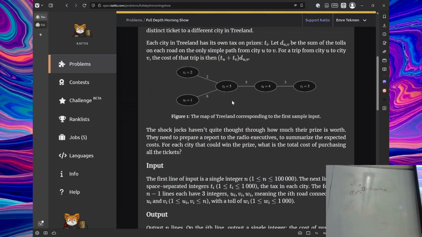So the recurrence relation is, let's assume that we have already computed the total sum, right?